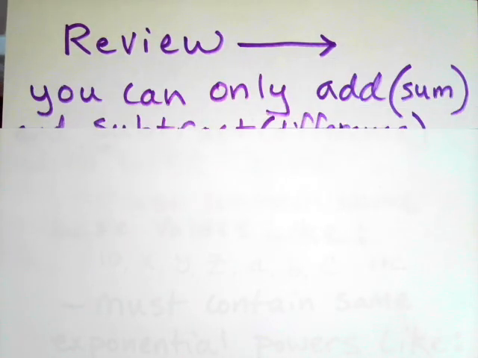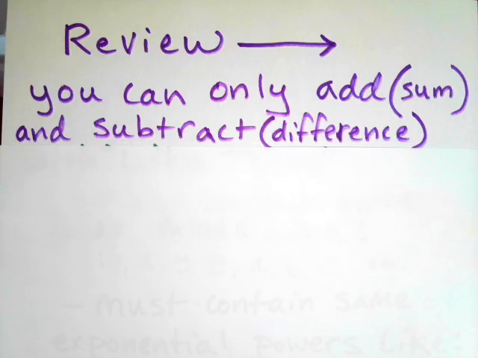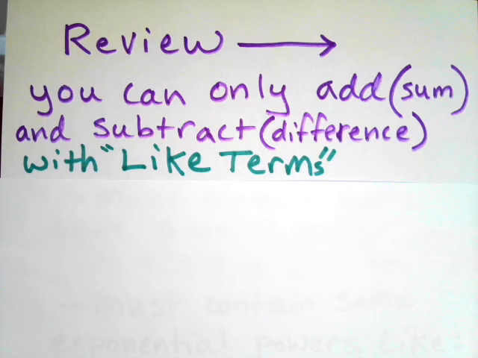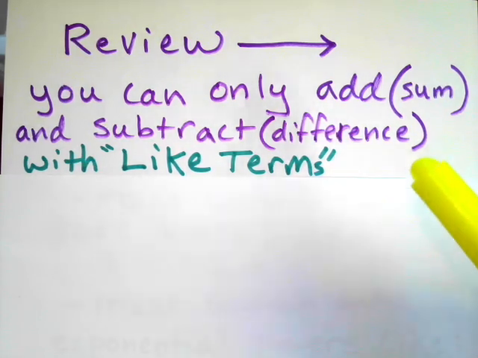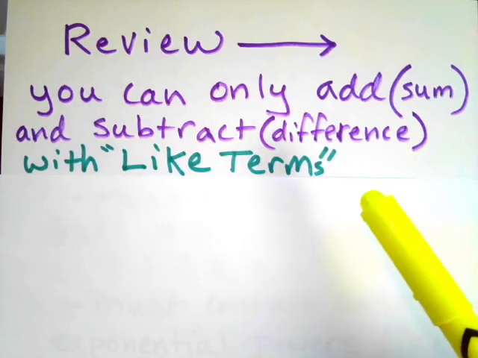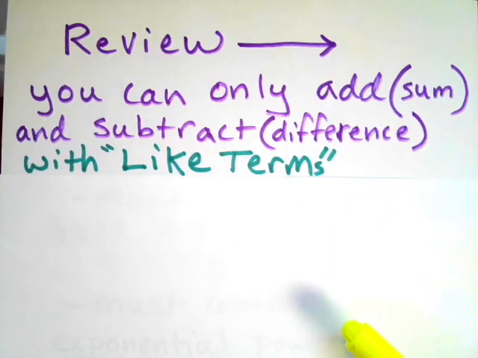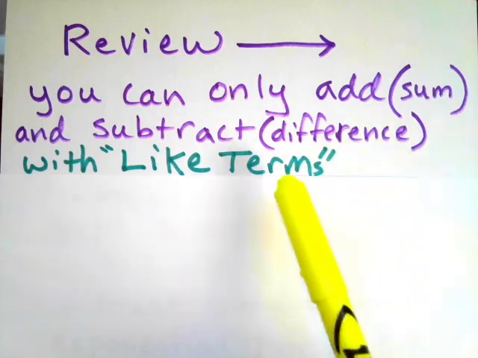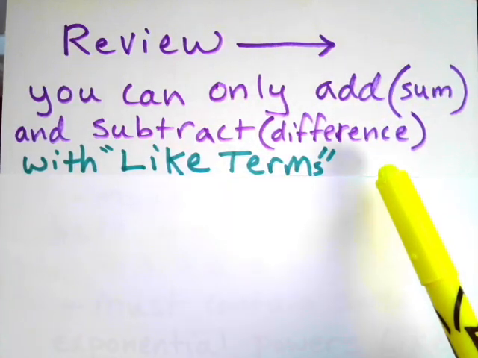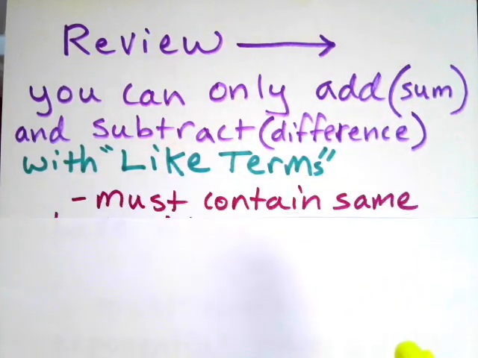You can only add, that's the sum, and subtract, that's the difference, with like terms when it comes to scientific notation, or variables as well. But what we're talking about is scientific notation. So you must have like terms. What does that mean?